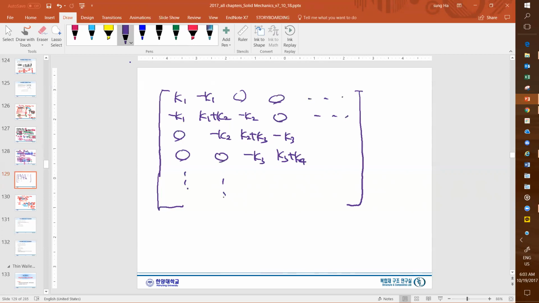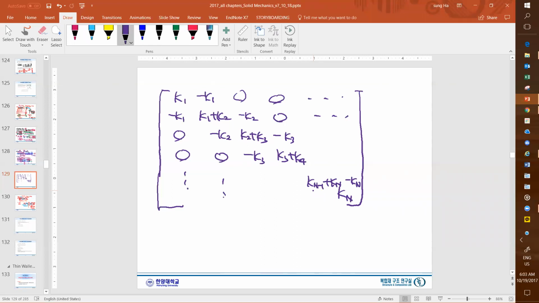Up to the last one will be Kn, right? There will be a Kn. See, the previous term would have been Kn minus 1 plus Kn, and minus Kn and minus Kn. Okay, minus Kn.